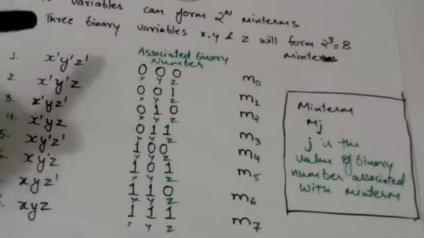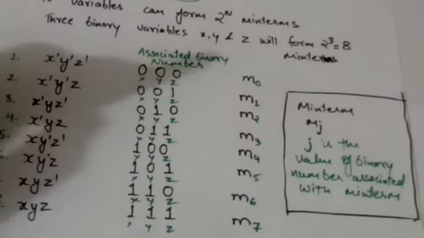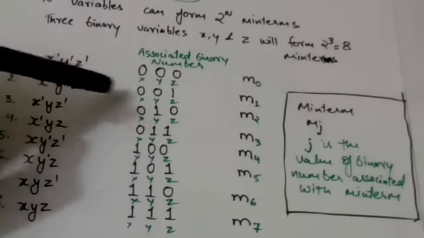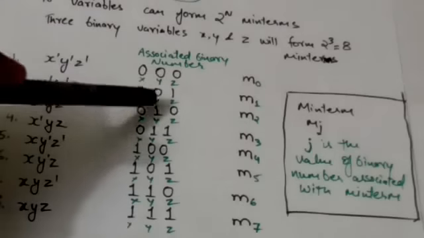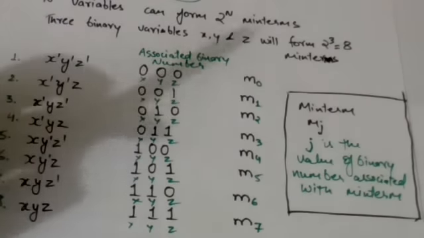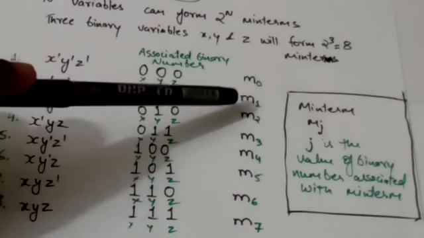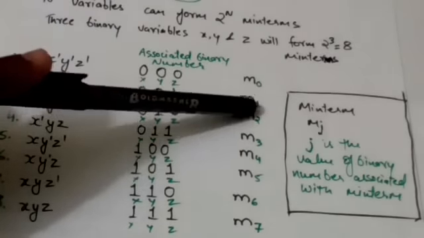For example, consider this minterm. Here the binary number associated with this minterm is 0, 1, 0. Its decimal value is 2. So this minterm can be represented by small m with subscript 2.